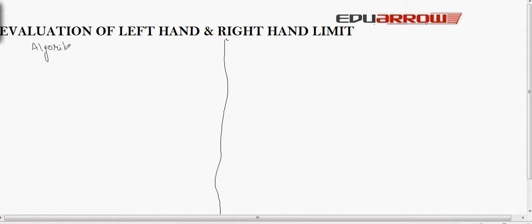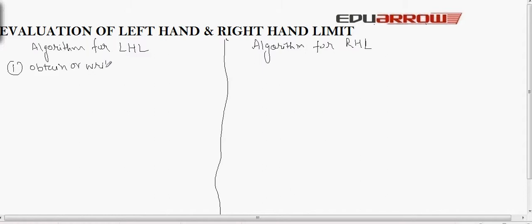Here we will see the algorithm for left hand limit, which is also called LHL, and the algorithm for right hand limit, which is called RHL. First step is obtain either the left hand limit, limit x tends to a negative f(x).